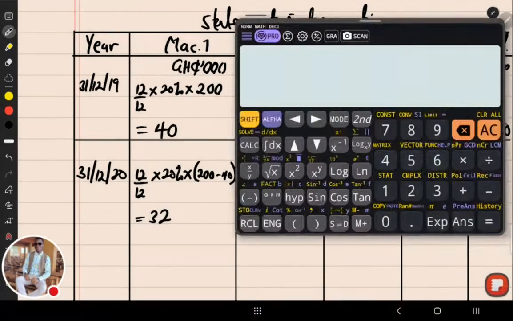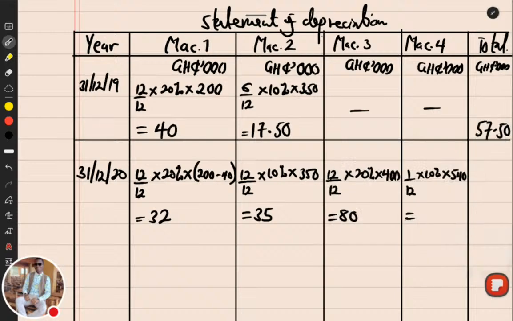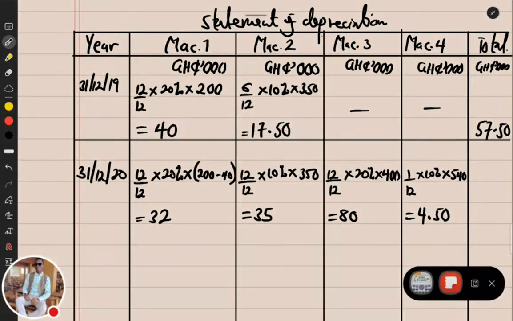Calculator-wise, we'll have here 1 over 12 multiplying 0.1 as 10%, then multiplying 540, you get 4.5. So you're going to get here 4.50.